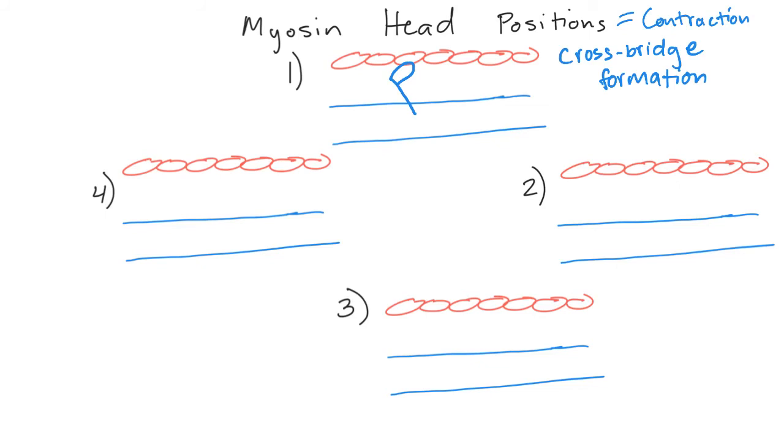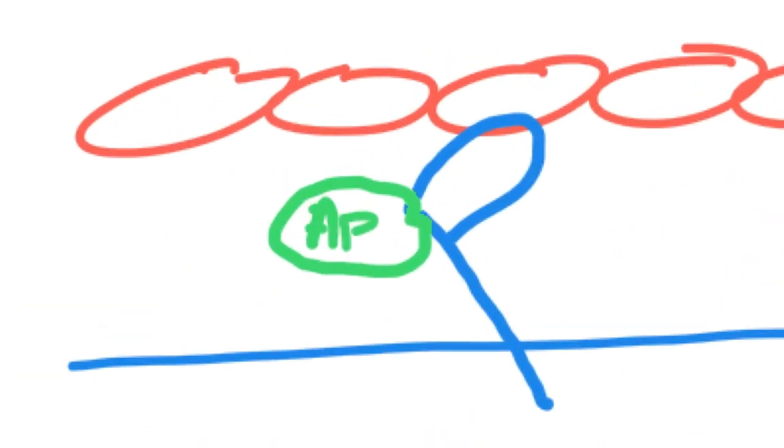All right, and what happens on these myosin heads is they have enzymes for breaking down ATP and using ATP for mechanical movement, right? So at this point, it's already broken ATP into ADP and P, right?